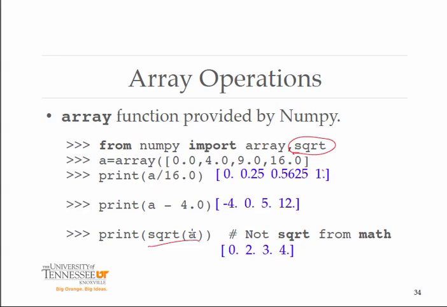So you have to pay attention to that. If you need certain operations to perform on arrays, make sure you find the ones that are available, probably from Numpy or some other library, but most likely from Numpy.